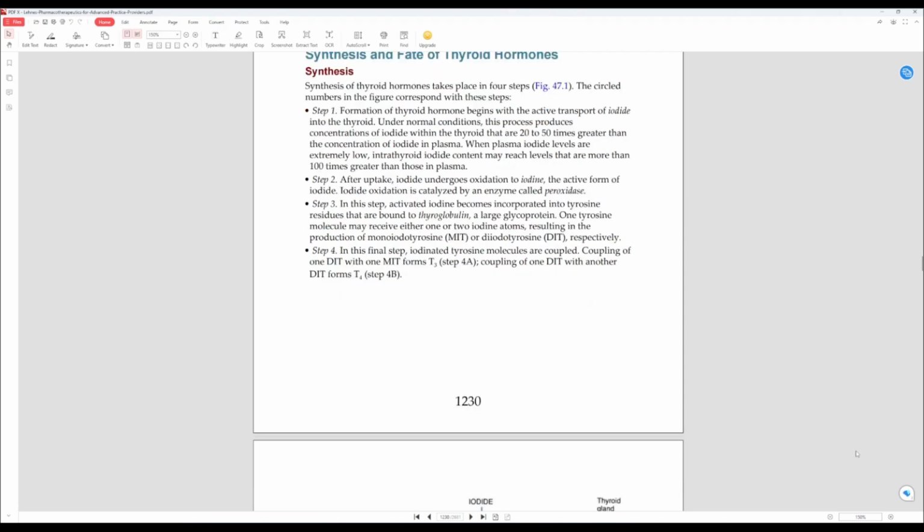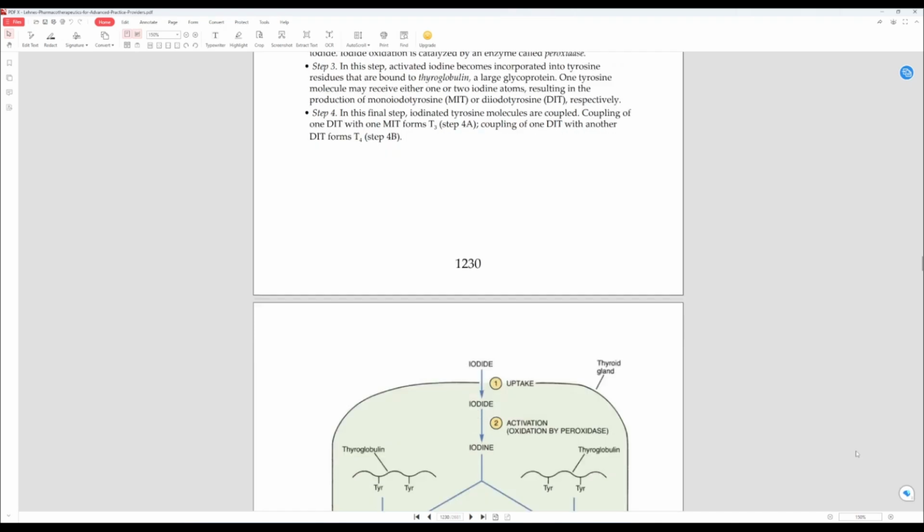Step 4. In the final step, iodinated tyrosine molecules are coupled. Coupling of one DIT with one MIT forms T3. A coupling of one DIT with another DIT forms T4.